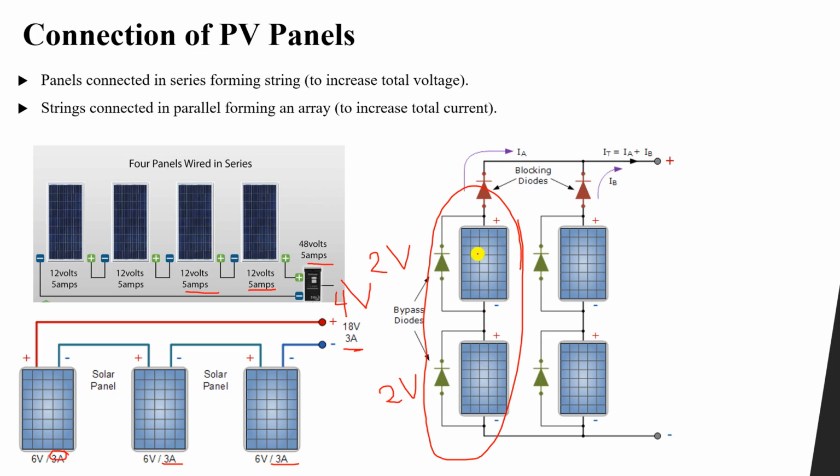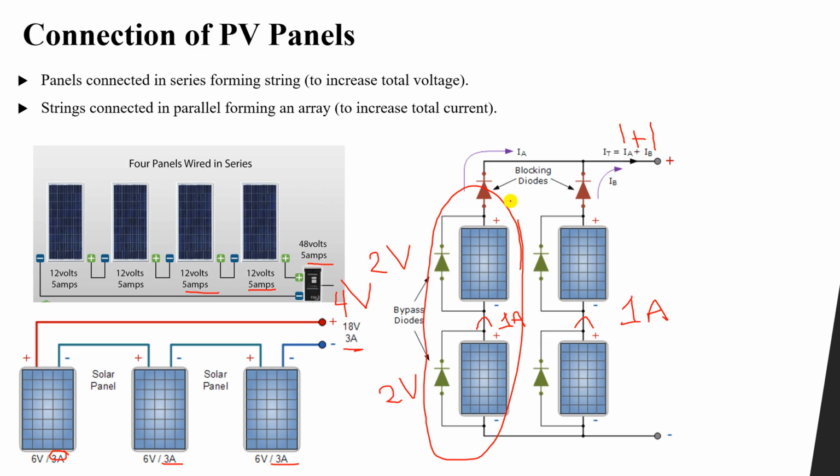Now if we connect one string parallel to another string, so if these panels produce 1 ampere, for example, and these panels produce 1 ampere, then the parallel connection, which means we have an array, will give us the summation of two currents. It will be 1 plus 1, which is 2 amperes.